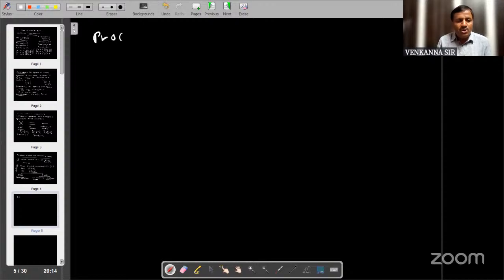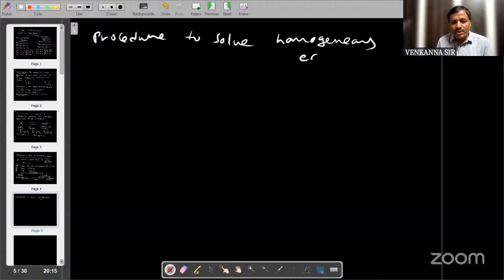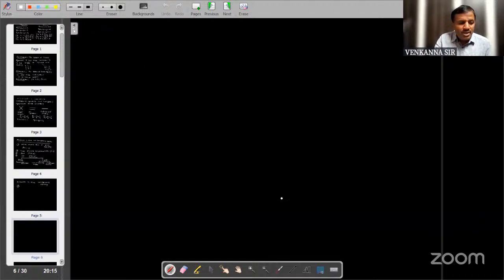Procedure to solve homogeneous equations. So what is the thing we have to do here?